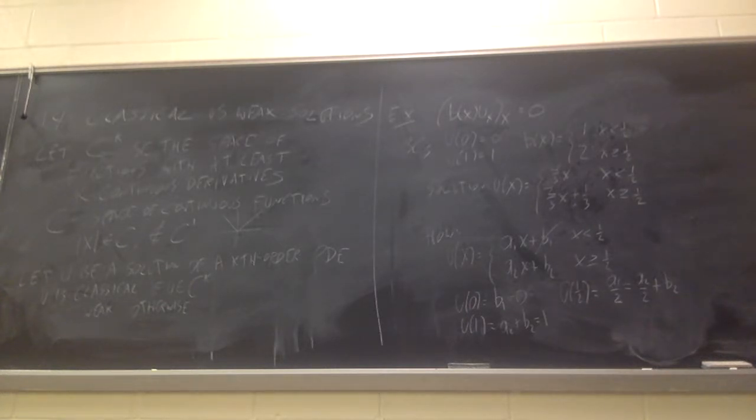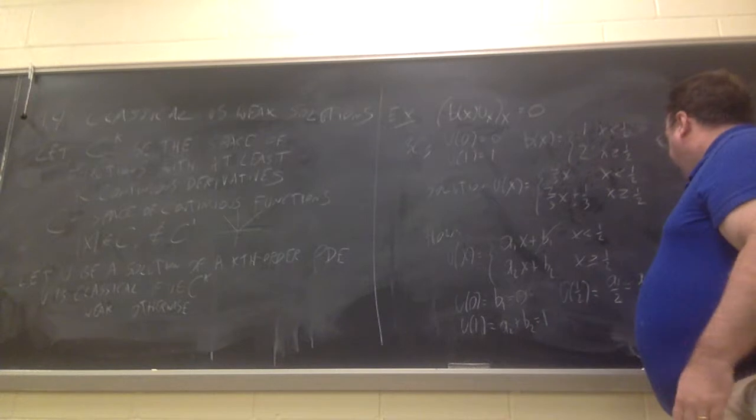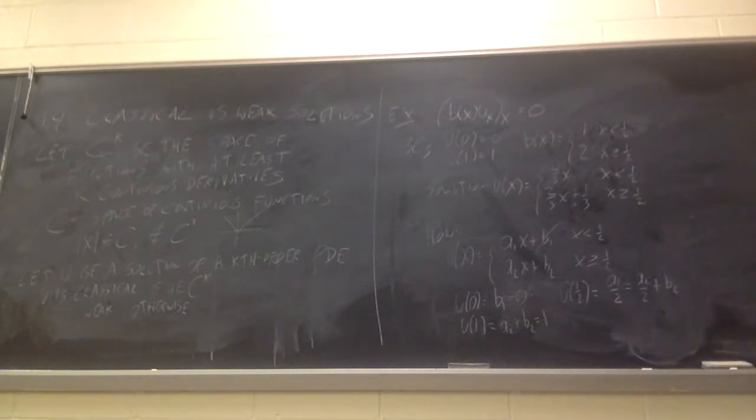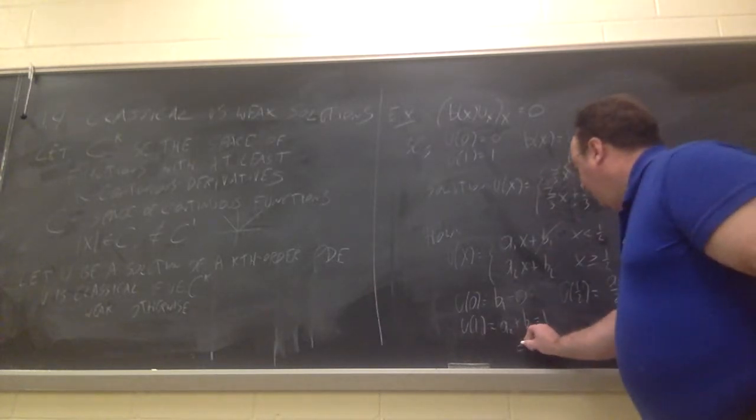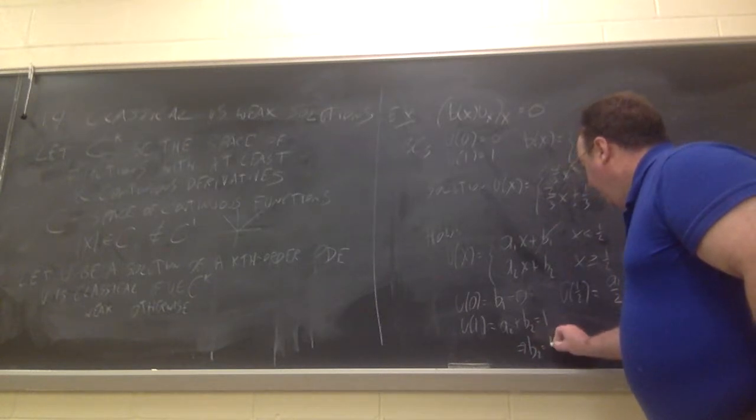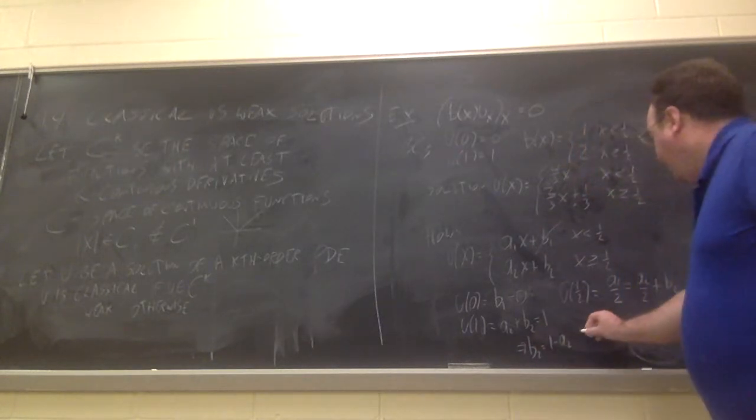So far I have two equations, this one and this one, that relate the remaining coefficients, a1, a2, b2. What I could do, for instance, is eliminate b2. That's 1 minus a2, and I can substitute that in here.